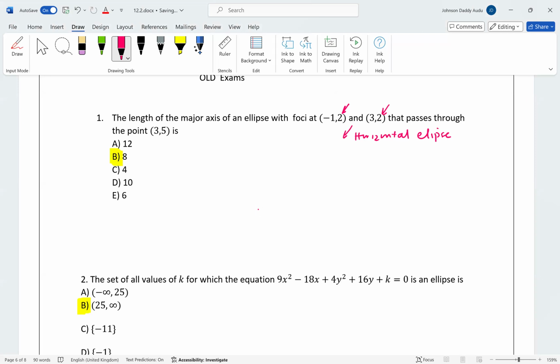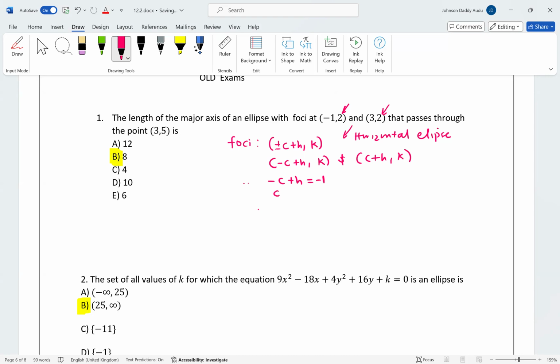Okay, so how do you find the focus of a horizontal ellipse? It's going to be given by plus minus C plus H, and K is fixed. So this is simply minus C plus H, K, and C plus H, K. If you compare this and this, it simply means minus C plus H is going to be minus 1.